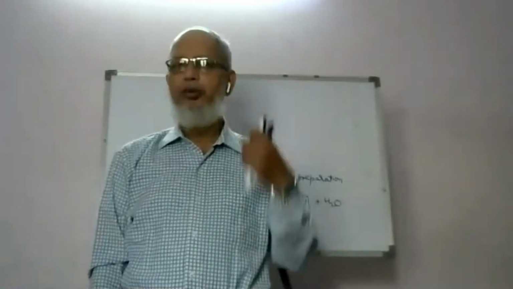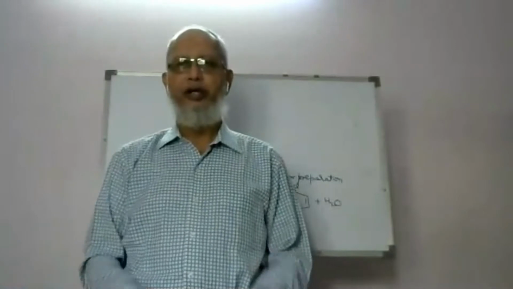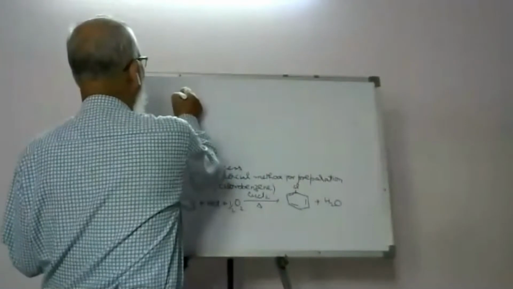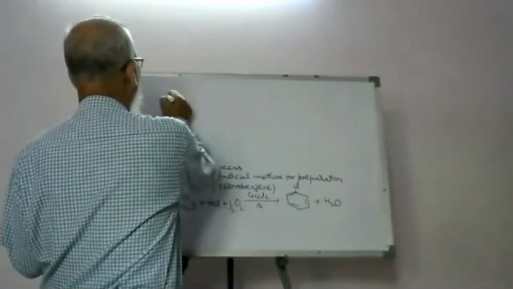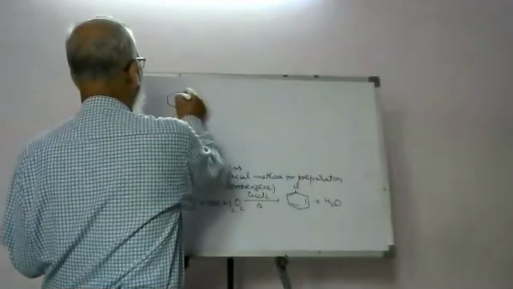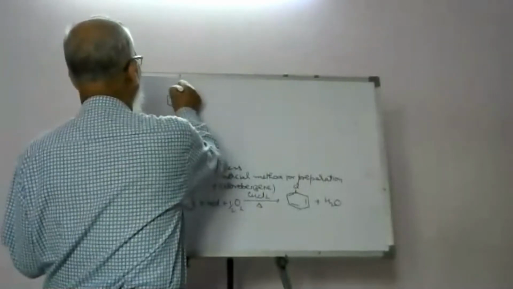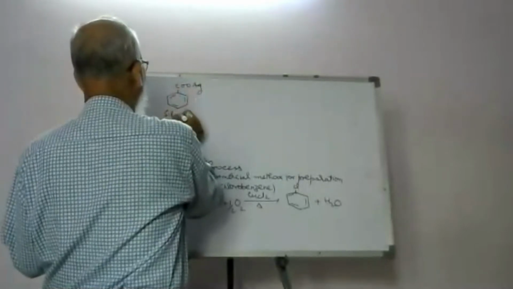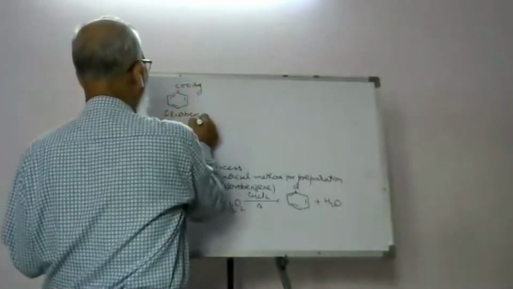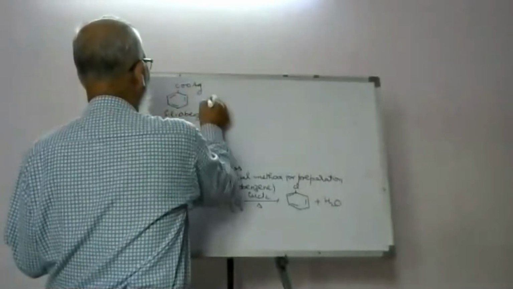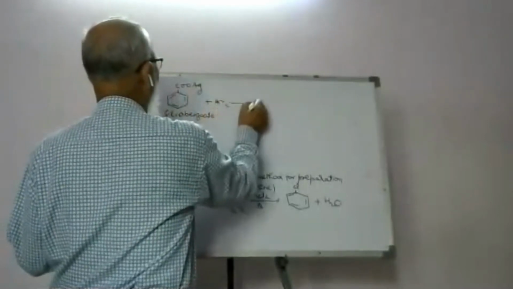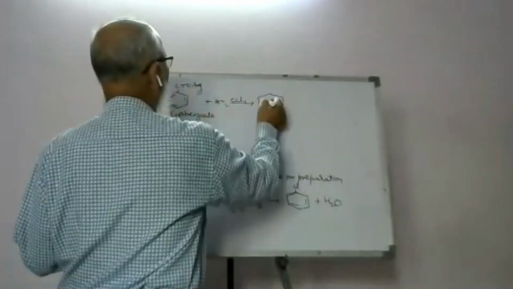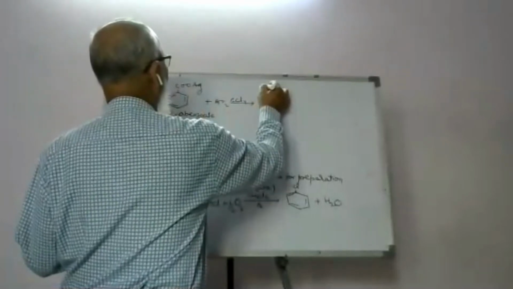It is heated with bromine in presence of carbon tetrachloride to give the bromoalkane or bromoarenes, and in this case this is your silver benzoate. This is heated with bromine in carbon tetrachloride to give you bromobenzene.